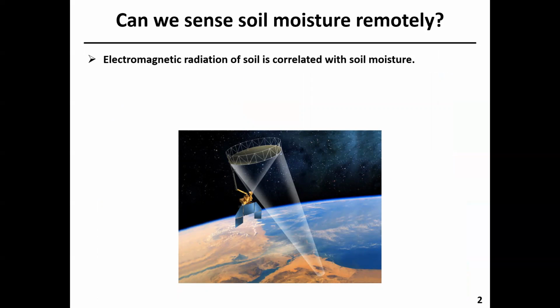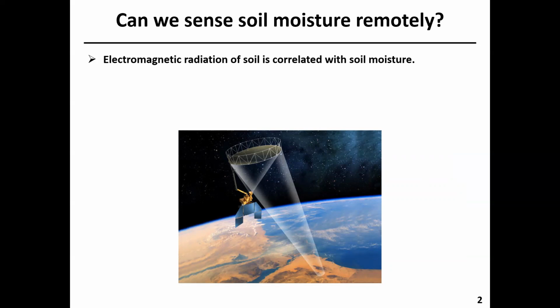We know that we can measure soil moisture using traditional gravimetric methods and also using in situ ground sensors. But these measurements are costly, especially if we want to cover a larger scale. So that's why we are interested in remote sensing of soil moisture, especially using satellite data.